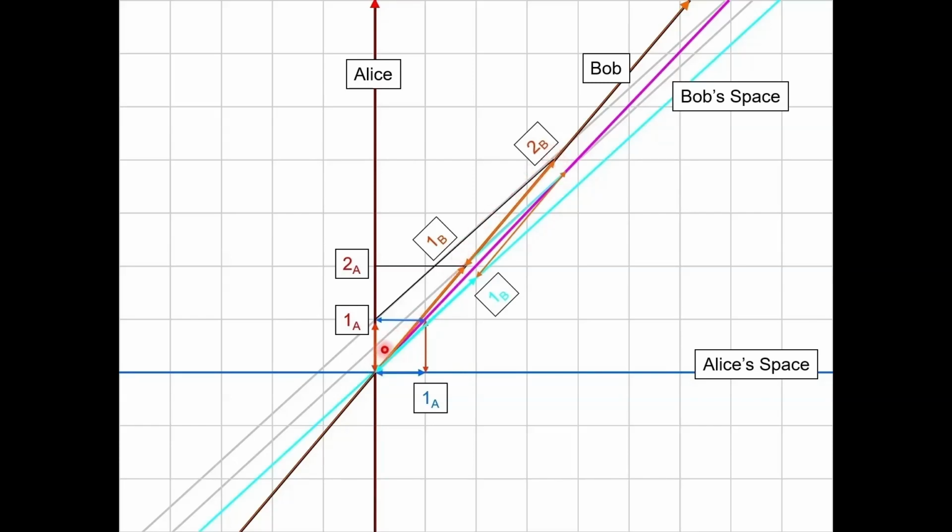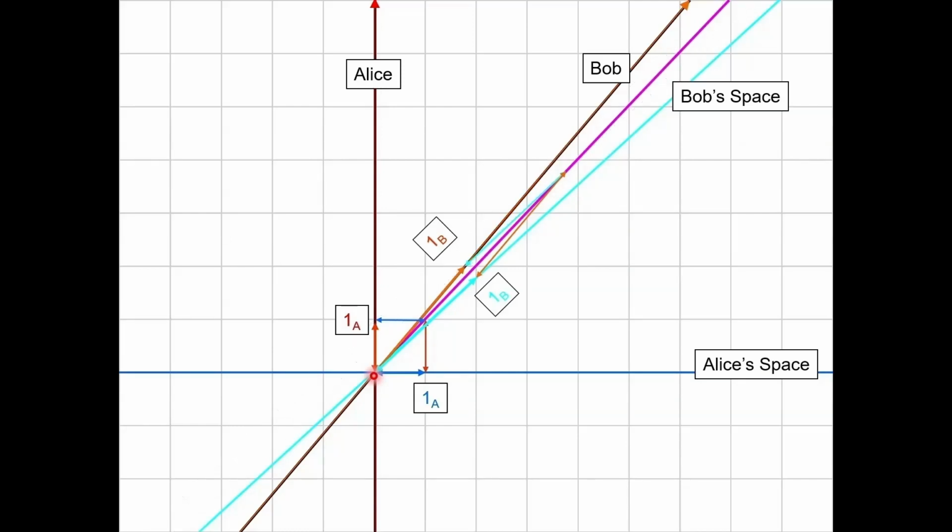So this is 1 unit of Bob's time, and we double it and we get to this point over here, which is how much time passed according to Bob for Alice's 1 second. This means that Alice sees Bob's 1 second as taking 2 seconds, and Bob sees Alice's 1 second as taking 2 seconds. So they see each other's seconds in the same way, as if they take double the time.